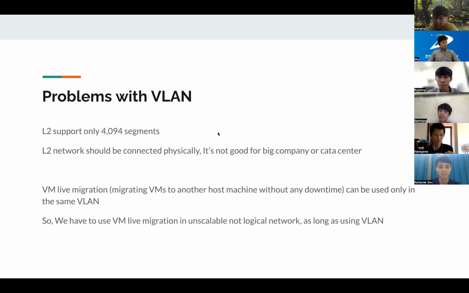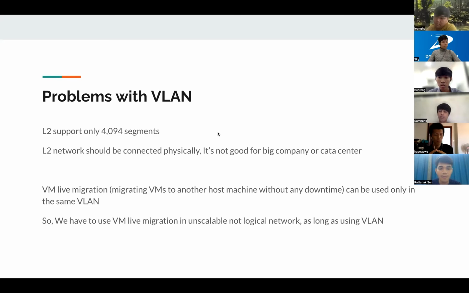If we live migrate the virtual machine to server B, server B uses an IP address 1001-something, and the virtual machine should also pick an IP address from that range.